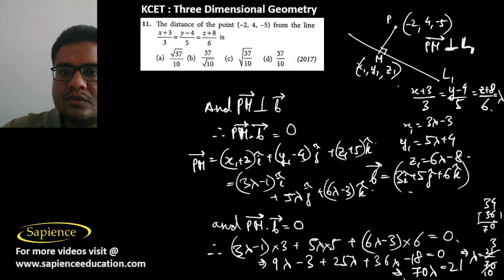So we have to actually find the magnitude of the vector PM, that will be equal to the distance of the point P from the line.